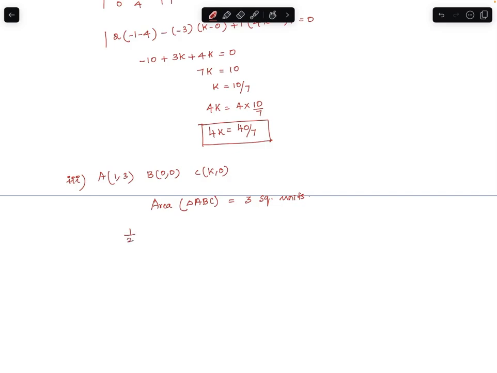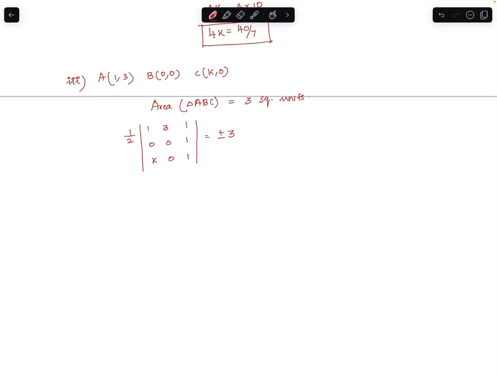That is, half the determinant of 1, 3, 1, 0, 0, 1, k, 0, 1 is equal to plus or minus 3. Transposing half, the right side becomes plus or minus 6.